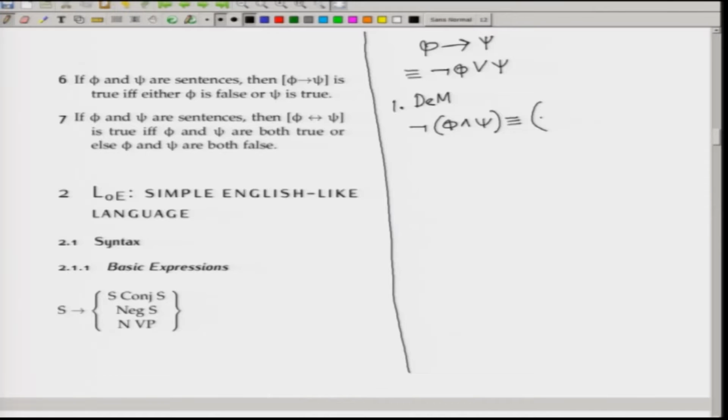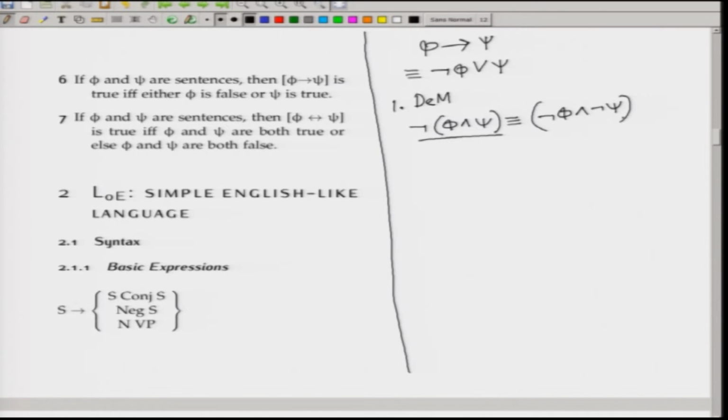It also will be true if neither of us is there, because it will hold if both me and John are not there, right? So precisely it means at least one is absent, or in this case this will be true if and only if at least one is false. Otherwise this falsity cannot be justified.